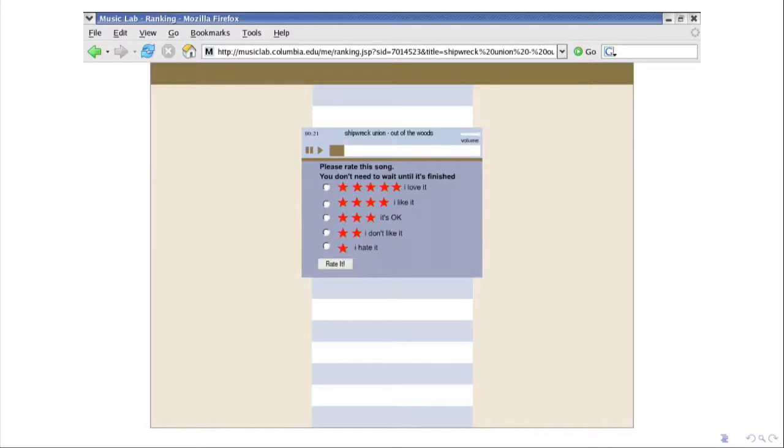So you're asked to rate it on a scale of 1 to 5 stars. Then after you rate it, you have the opportunity to download it or not. And the way we set up the experiment, I think, focused people's attention on this decision. We're interested in understanding how people respond to music.